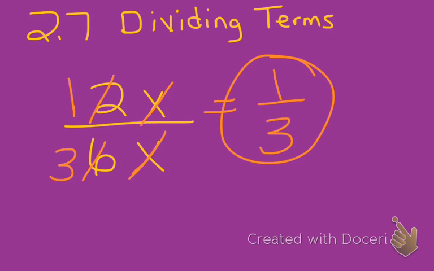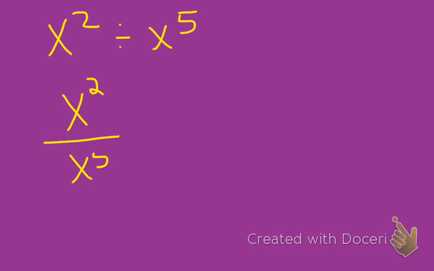So I'm going to have 1/3 as my answer on that one. Okay. Let's do another one. These aren't bad. I'm going to go back to the color I had. I liked the yellow. It's brighter and easier to see. All right, so we're going to go x squared divided by x to the 5th. And when we say divided by, I'm actually going to put them on top because I think that's easier.